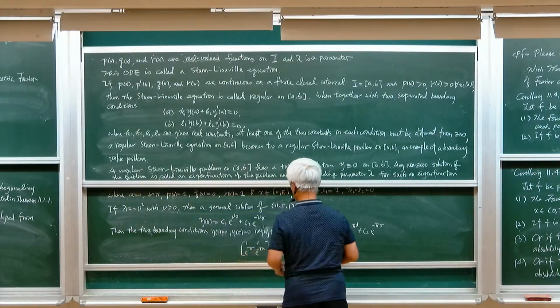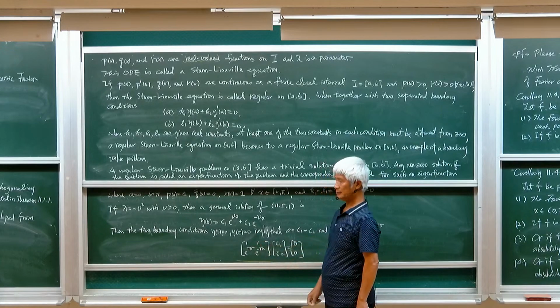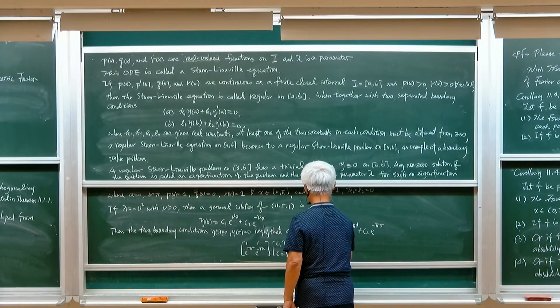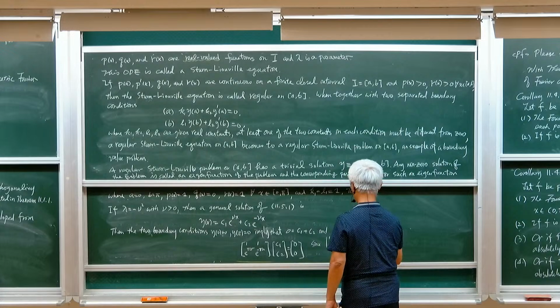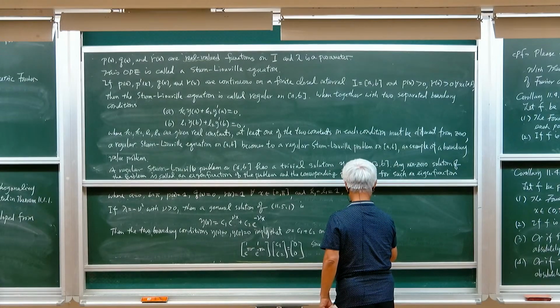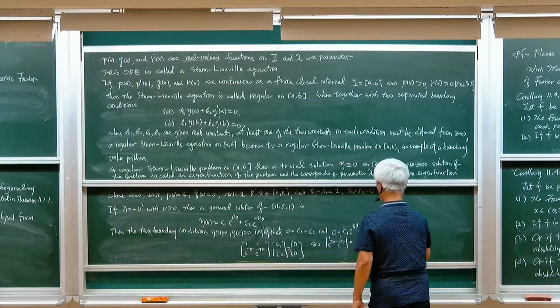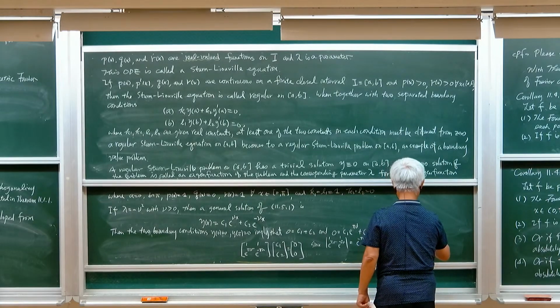Now, since the determinant of this matrix is non-zero, the matrix with entries 1, 1, e^(pi mu), e^(minus pi mu) is invertible.